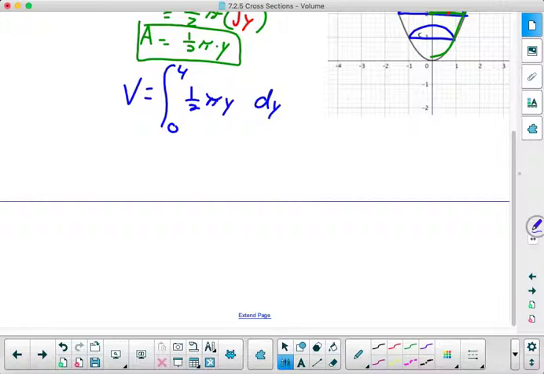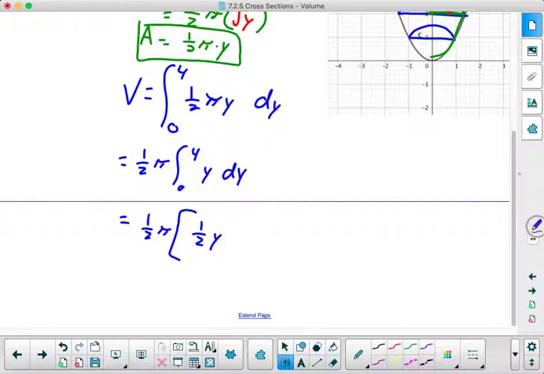Let's quickly do the math. Pull out a 1/2 pi, that's my constant, from 0 to 4. I'm making these easy just because I wanted you to see the concept. You're going to have a 1/2 pi. Now inside, the antiderivative is 1/2 y squared, evaluated at 4 and 0.